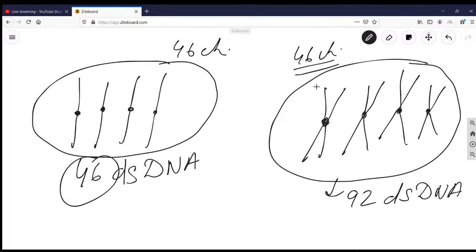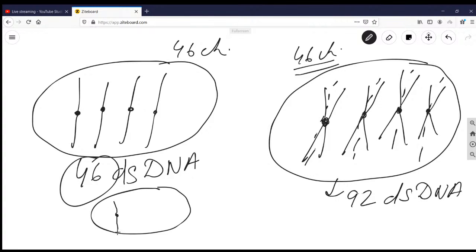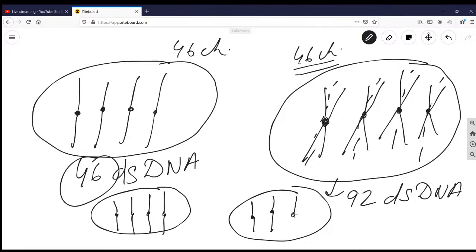Now, when we talk about mitosis, you now have 92 DNA. Each will be divided like this, and you will get two cells of 46 chromosomes, 46 DNA. So like this, from one cell you get two cells which are also diploid.